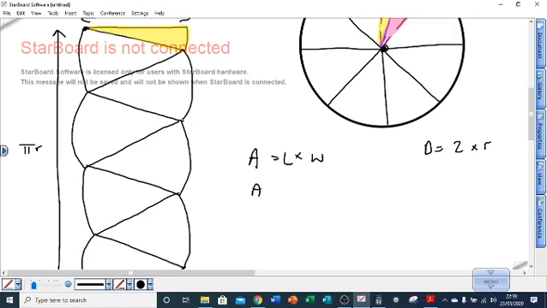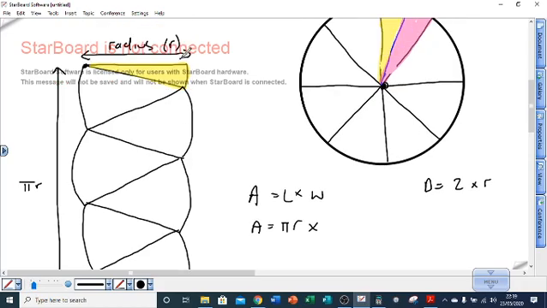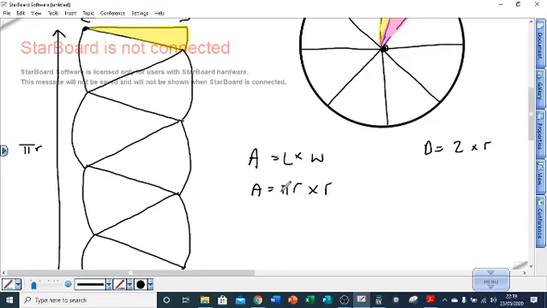L is replaced with pi r, and we times it by the width. Well, the width is the radius. So pi r times r, well, r times r gives you r squared. So there we have now got the formula: area equals pi times r squared. That is the formula for the area of a circle.